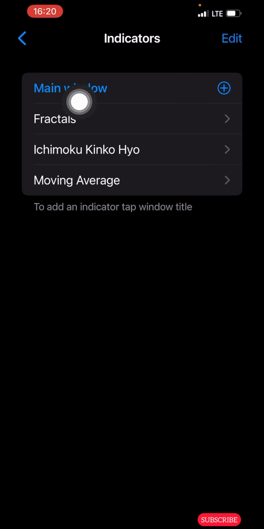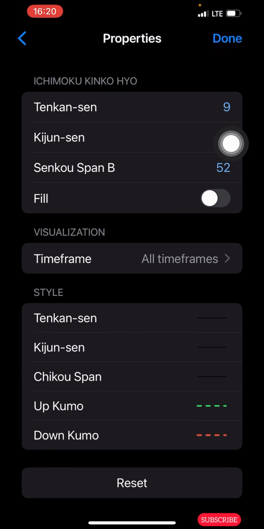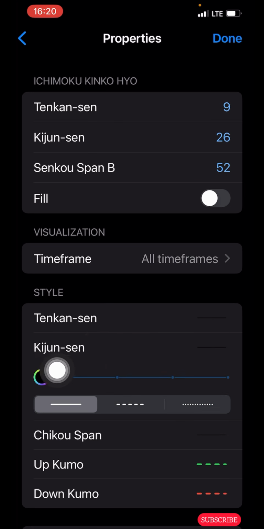You click on the main window plus icon again, you search for your Ichimoku. Now these are the properties for the Ichimoku. The Tenkan Sen is 9, Kijun Sen is 26, and Senkou Span is 52. You uncheck fill. The time frame is all time frames. Under the style, the Tenkan Sen, you make it the color of your background. Kijun Sen, you make it the color of your background. Use 1 pixel for it.